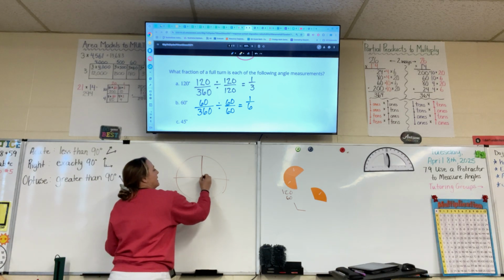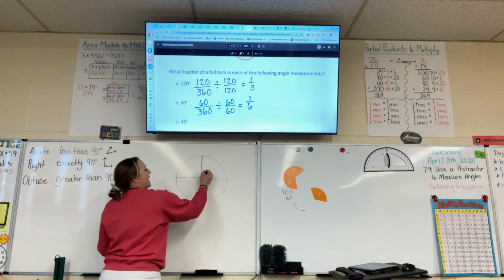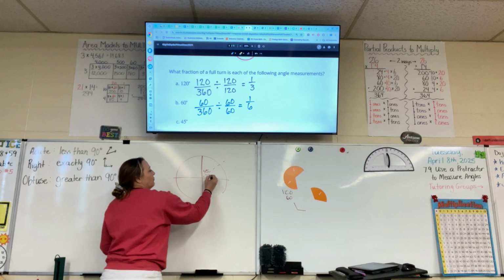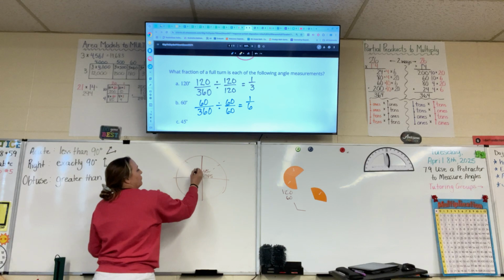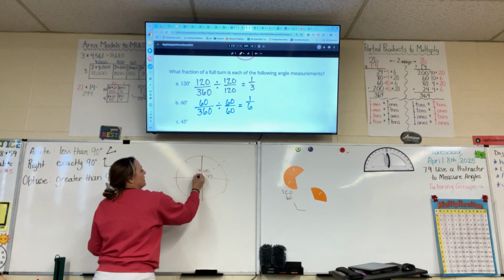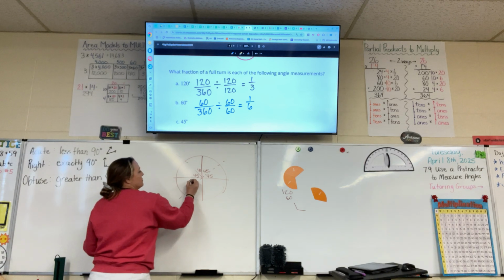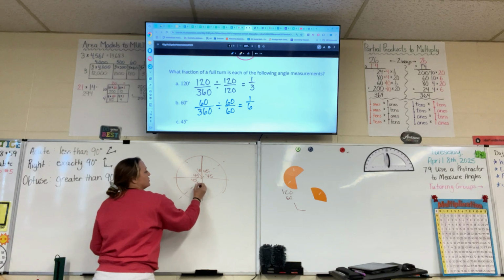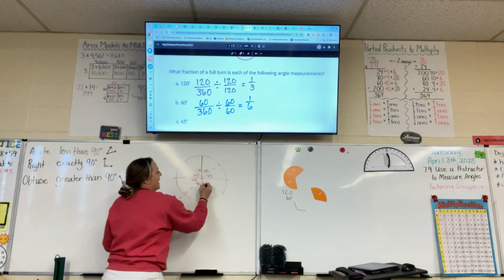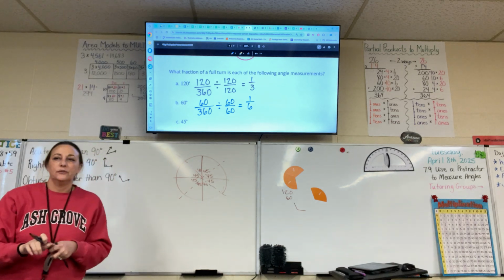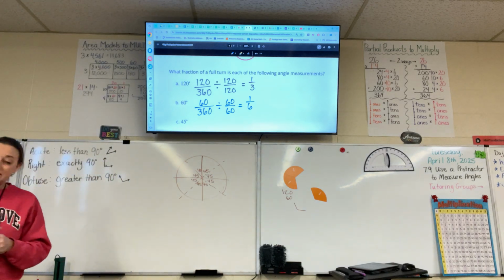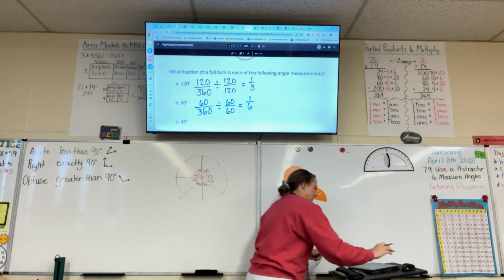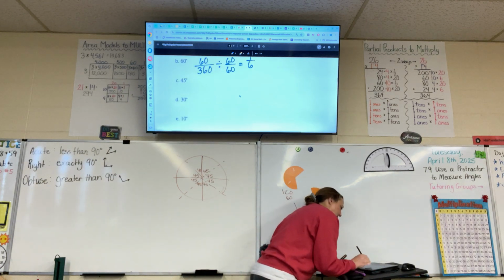So if we cut each of these 90 in half, then it would be 45. So if we do this all the way around the circle, how many 45-degree angles make up a full circle? 8.